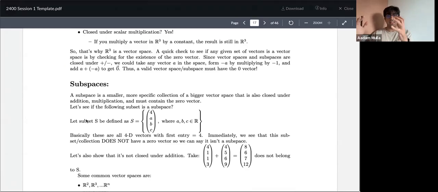A subspace is just a more specific set of a bigger vector set. Let's say my original vector space is R3.